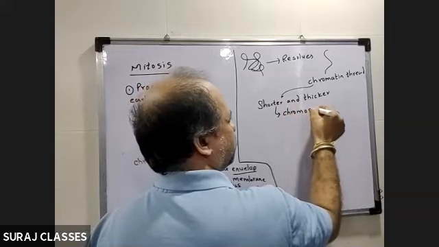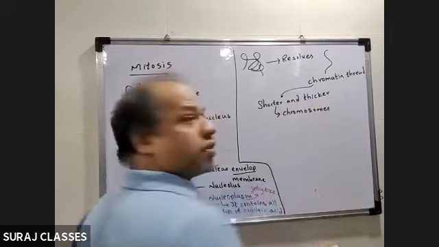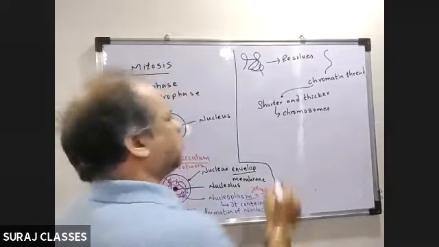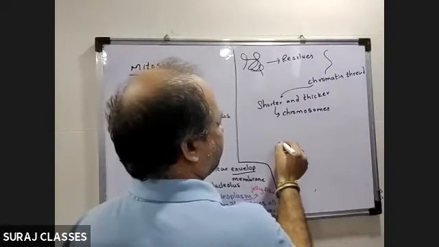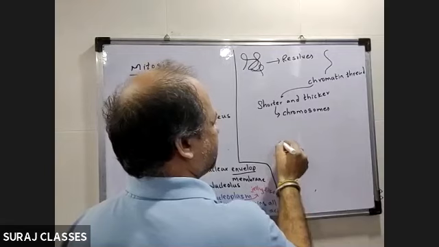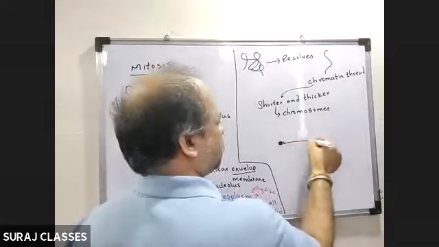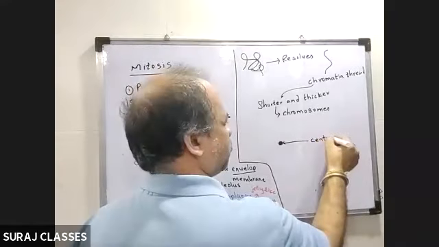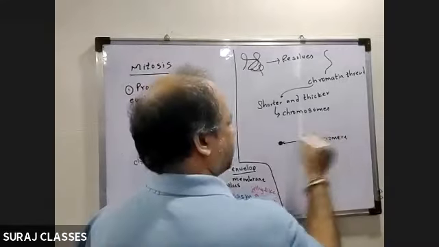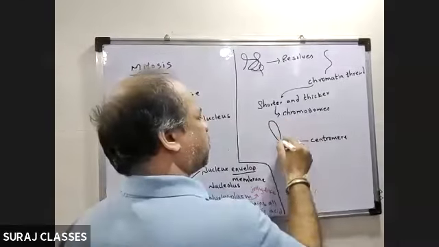Now, what is a chromosome? How does the chromosome look? A chromosome has a centromere, and there are 2 chromatids.